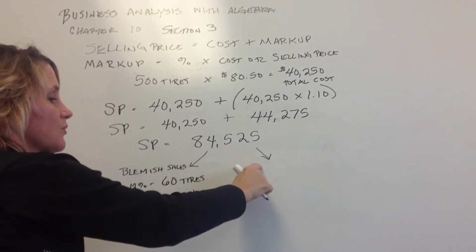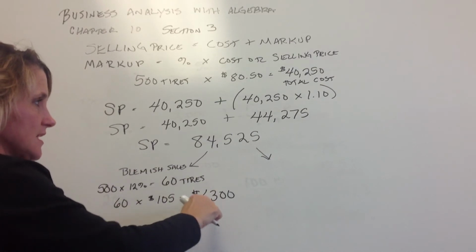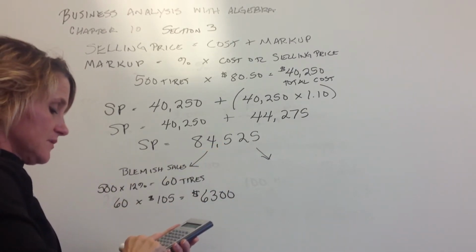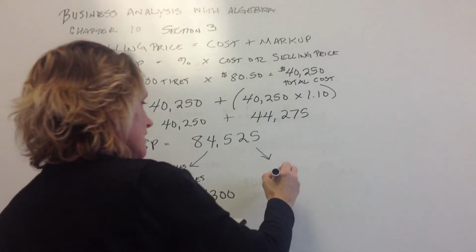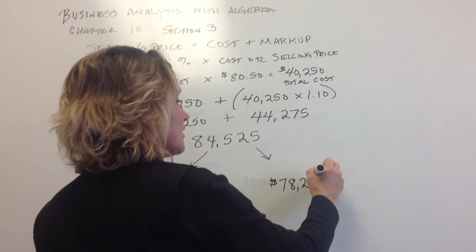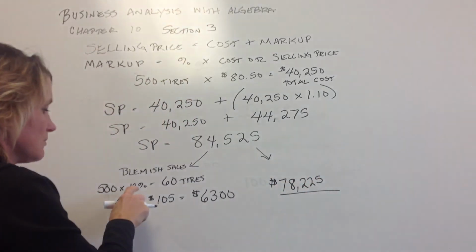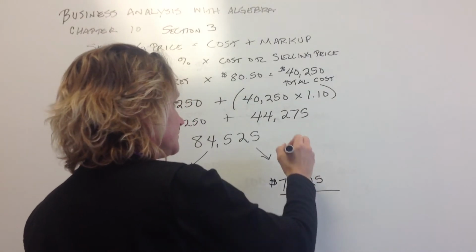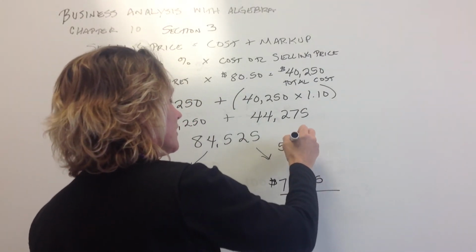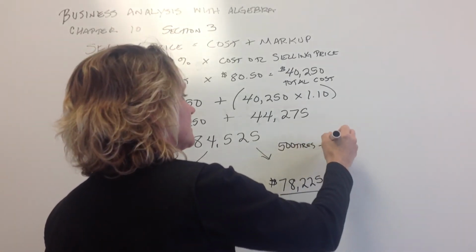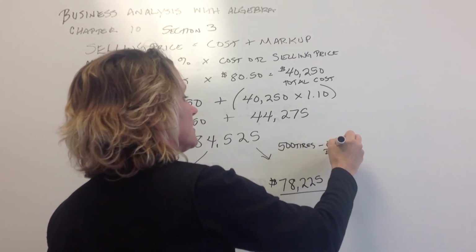So then they want to make the remainder. So then they're going to make $6,300. They want to make a total of $84,525. So then that leaves $78,225 that they want to make on the remaining tires. So then that would be the 500 tires that they have total minus the 60 blemishes.